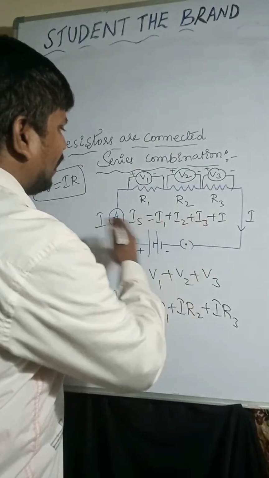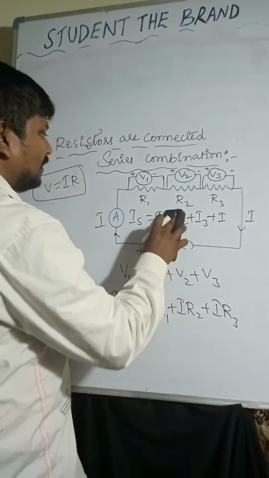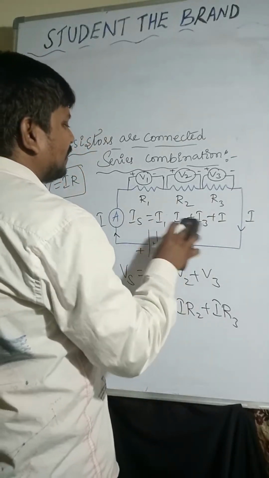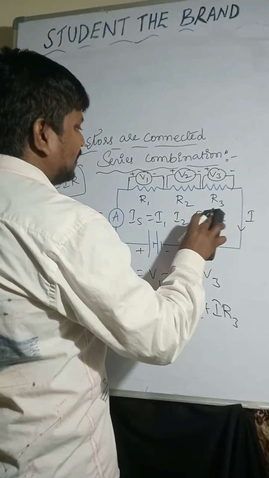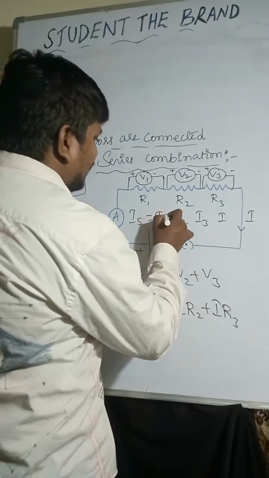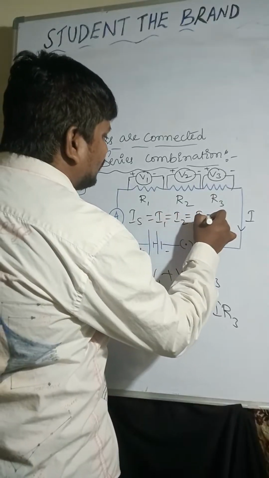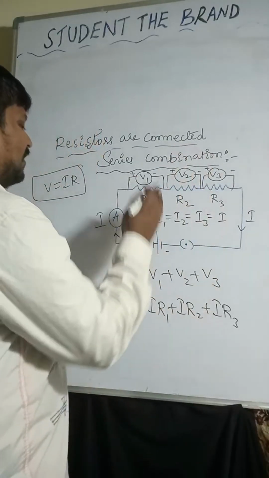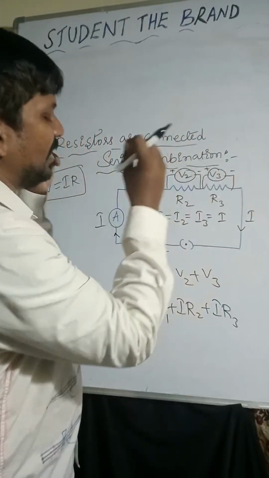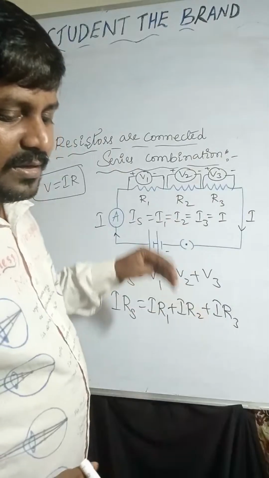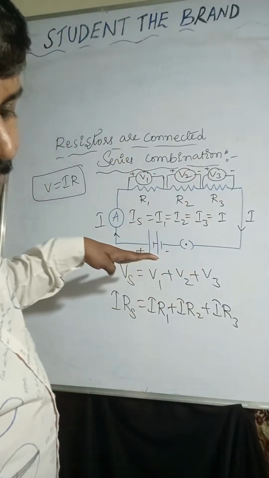Oh, this is not plus, it is an equal symbol. I S equal to I1 equal to I2 equal to I3 equal to I, because in the entire circuit the current is same.